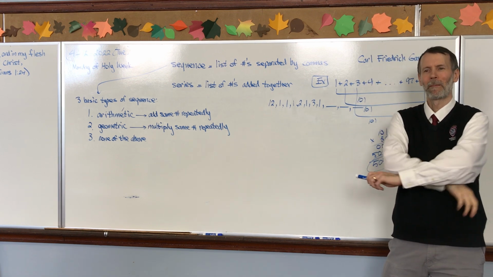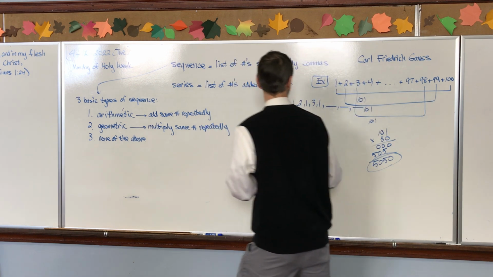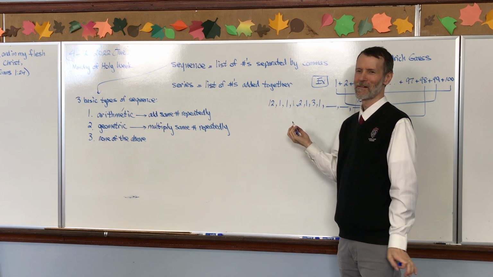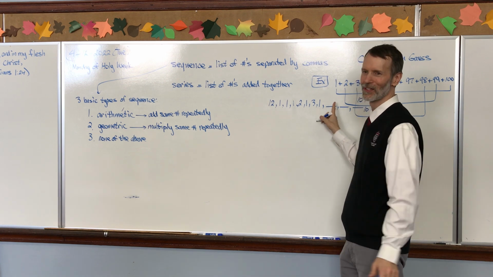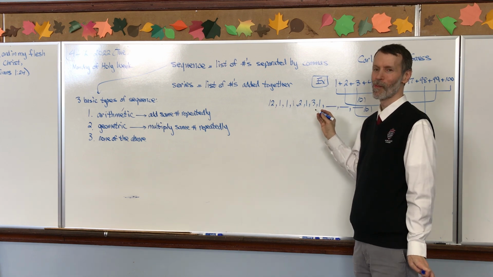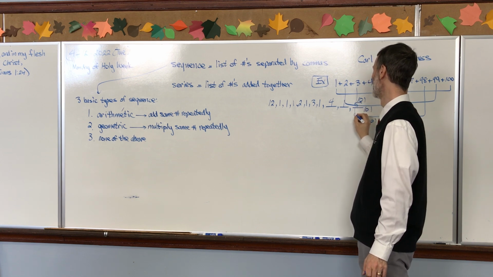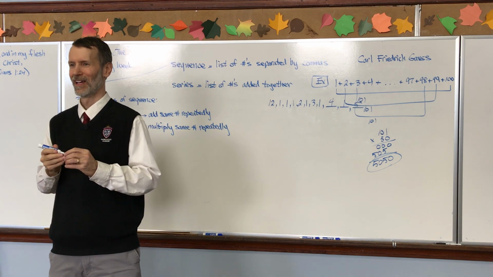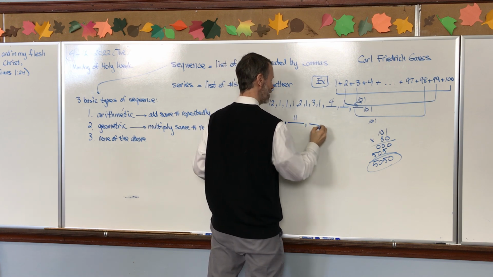Can you give me the next three? And then explain where it comes from? Anyone take a guess? What do you think the next number is? 1, 1, 1, 2, 1, 3, 1, 4, 1, 5, 1, 6, 1, 7, 1, 8, 1, 9, 1, 10, 1, 11, 1, 12, 1, 13?